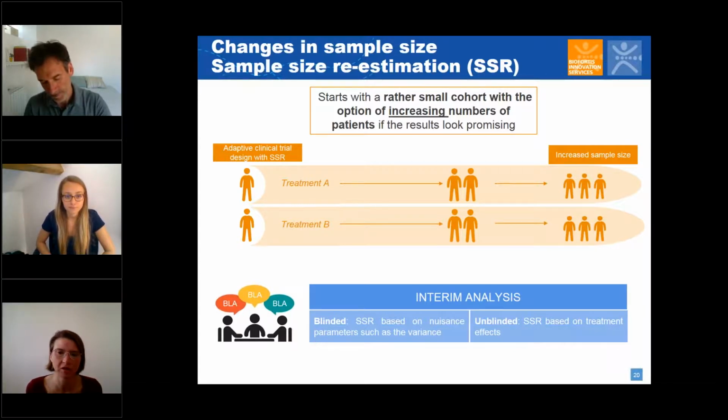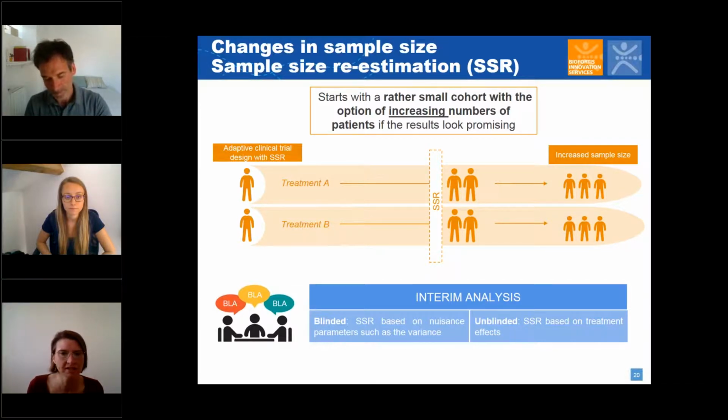Inaccurate estimates of the parameters lead to an underpowered or overpowered study, both of which have negative consequences. So sample size reassessment, called SSR, designs allow the parameter estimate to be updated during an ongoing trial and then used to adjust the sample size accordingly.